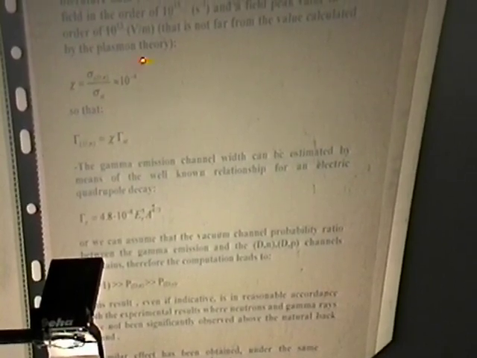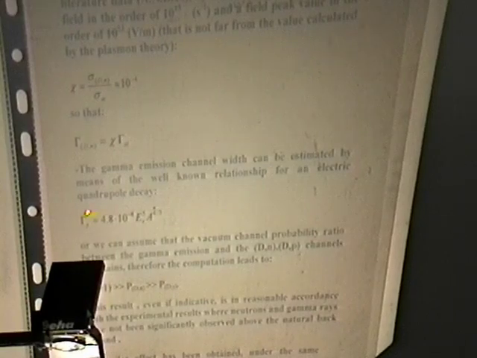And this ratio is 10 to the minus 4, so that the partial width for the deuterium-deuterium reaction with neutron or proton is 10 to the minus 4 relative to the partial width of the stimulated transition. For the gamma decay, we can assume that it is basically maintained with the same ratio that we have in vacuum, so it's an unlikely process.